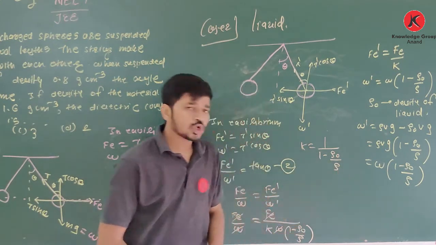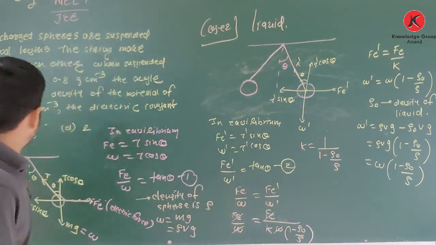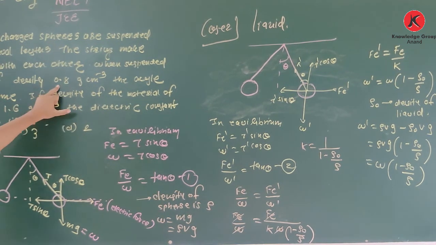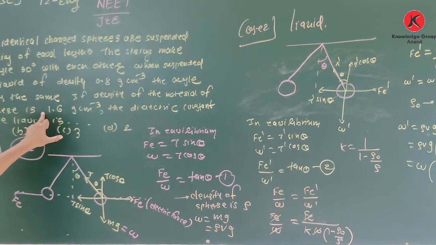Where rho 0 is the density of the liquid, and rho is the density of the sphere.